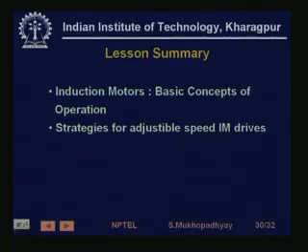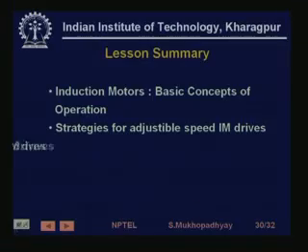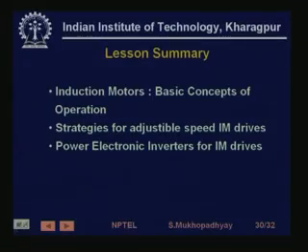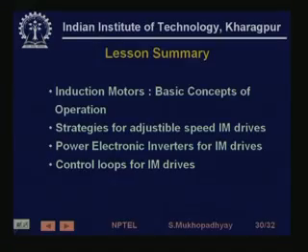Then we saw that if we want to vary this torque speed characteristic according to load and operate at various points, how we should drive the stator, what are the basic ideas. So variation of voltage and frequency. Then we saw what kind of circuits we should use for varying this voltage and frequency, and then finally we looked at one control loop for induction motor drive.